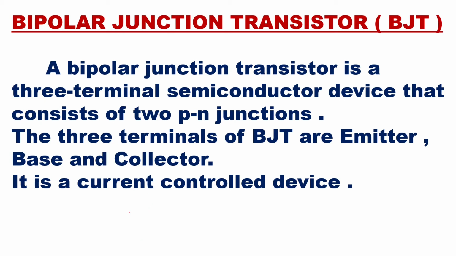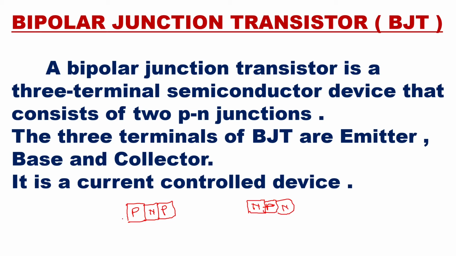Two PN junctions means either you can have P, N, P, or you can have N, P, N. So either you can have PNP, where an N-type semiconductor is sandwiched between two P-type, or you can have an NPN, where P-type semiconductor is sandwiched between two N-type semiconductors.